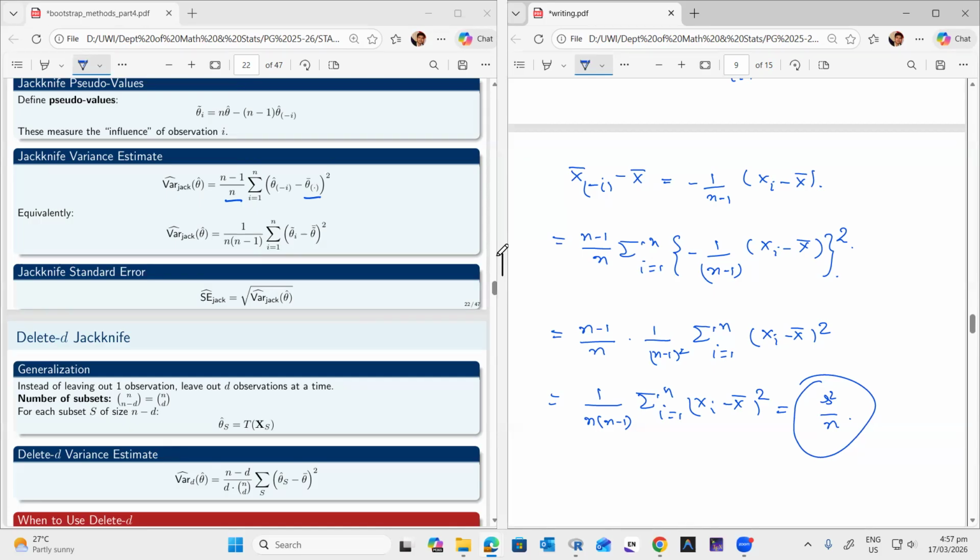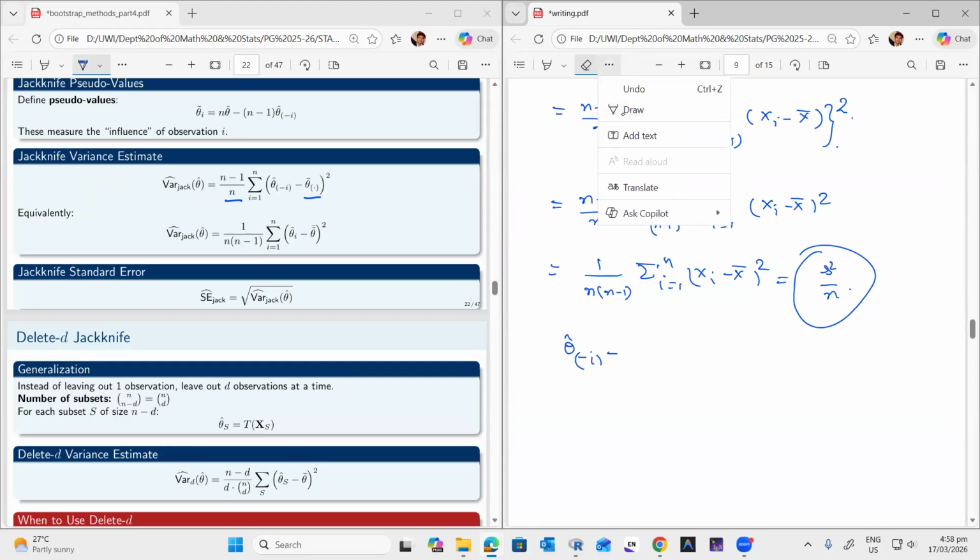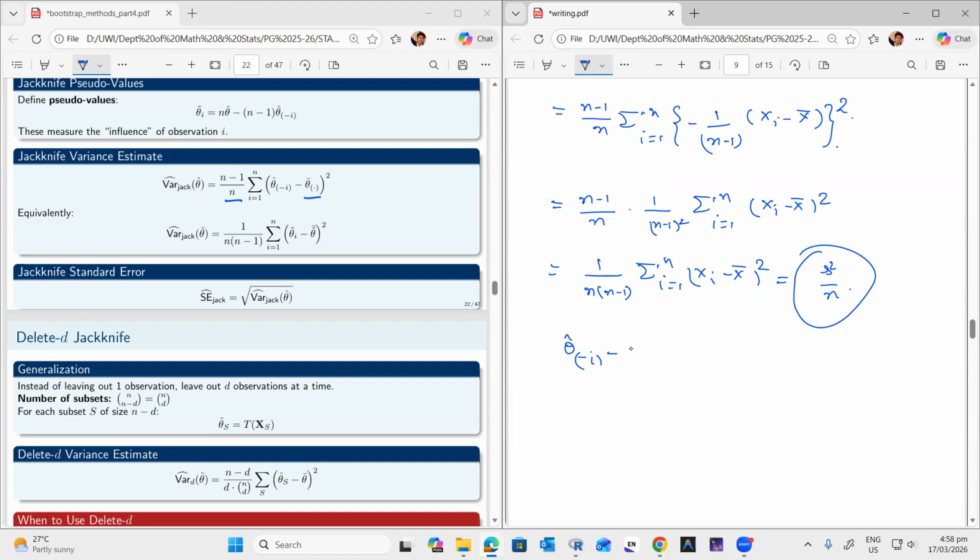This is the mean of the pseudo values, theta curl bar, which is the theta cap jack, and the bias corrected estimator is basically theta cap minus, sorry, theta cap i minus theta bar dot equals minus 1 upon n minus 1 theta curl i minus theta curl bar.